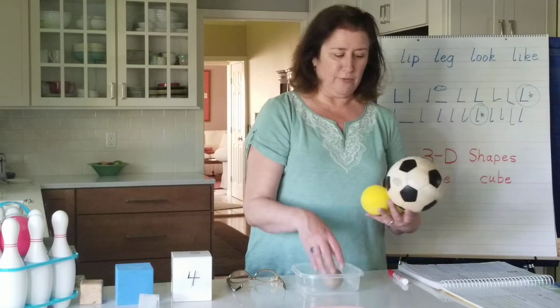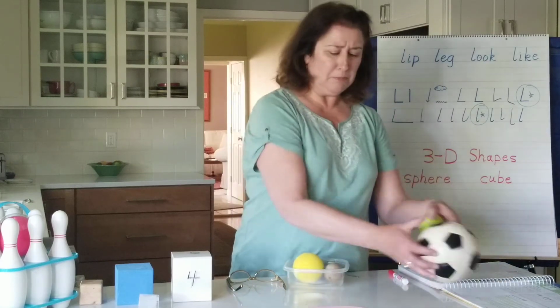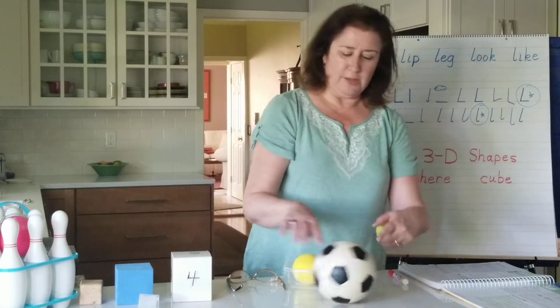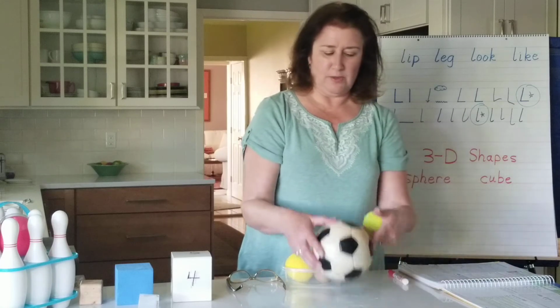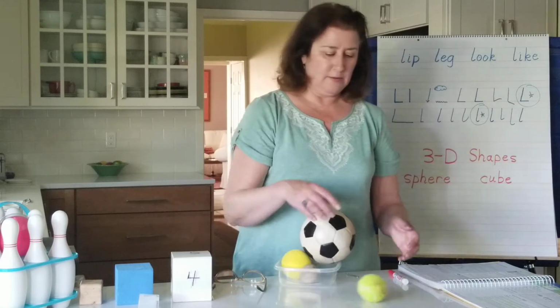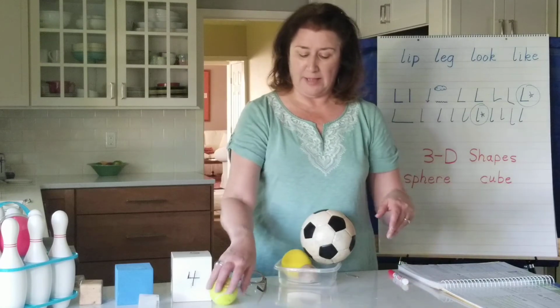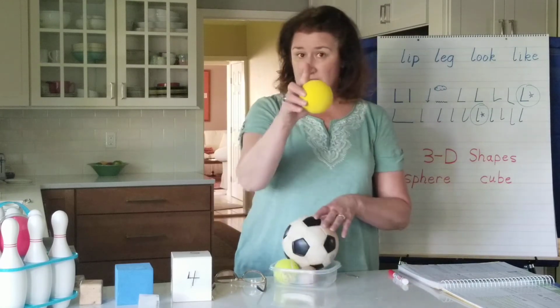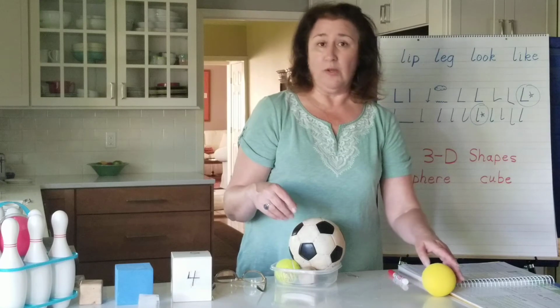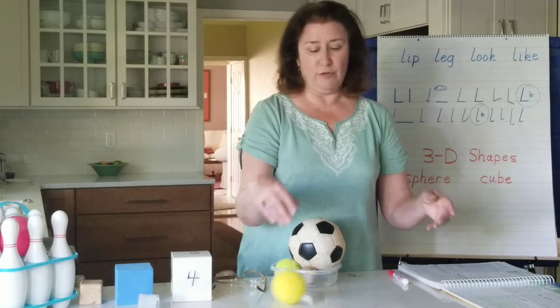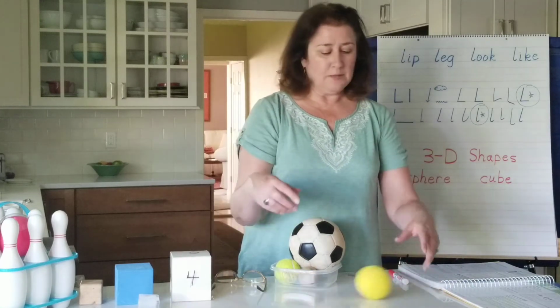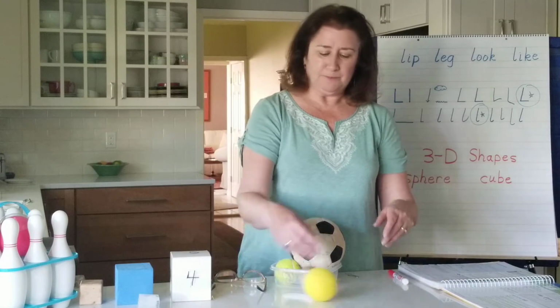If you notice, I can do something with all of these spheres. What am I doing with these spheres? I'm rolling them, right? I can roll them back and forth. If you were standing over there, I could roll it to you. If we were at school, we would roll them back and forth. So I can roll a sphere.